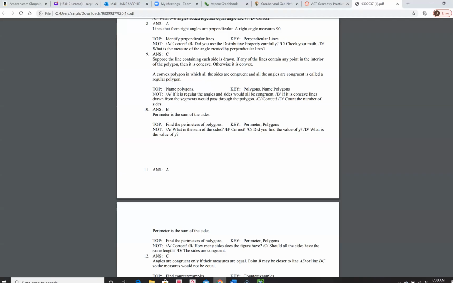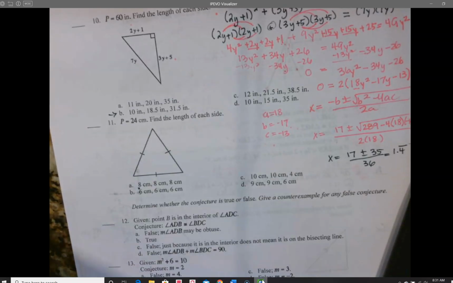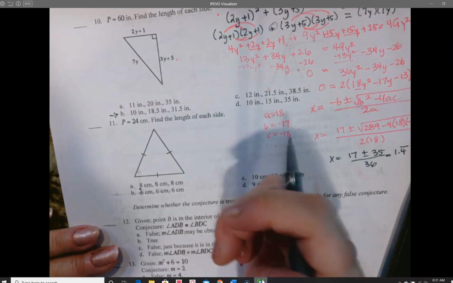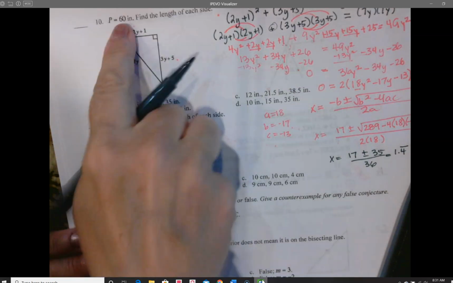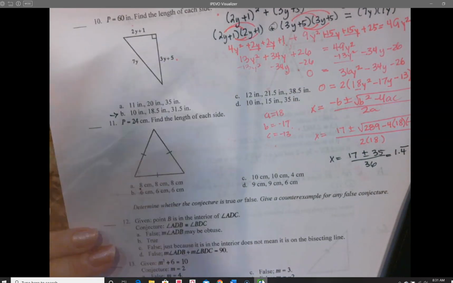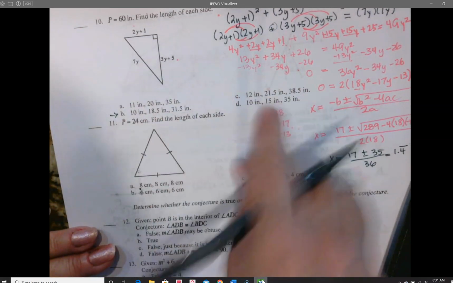Perimeter is the sum of the sides. Okay, so I did all that work. Now I'm working backwards from my answer. And I did all that work, and it's not giving me something that's really working out here with a perimeter of 60. So we're going to go back and we're going to add up these numbers and we're going to see which ones add to 60.